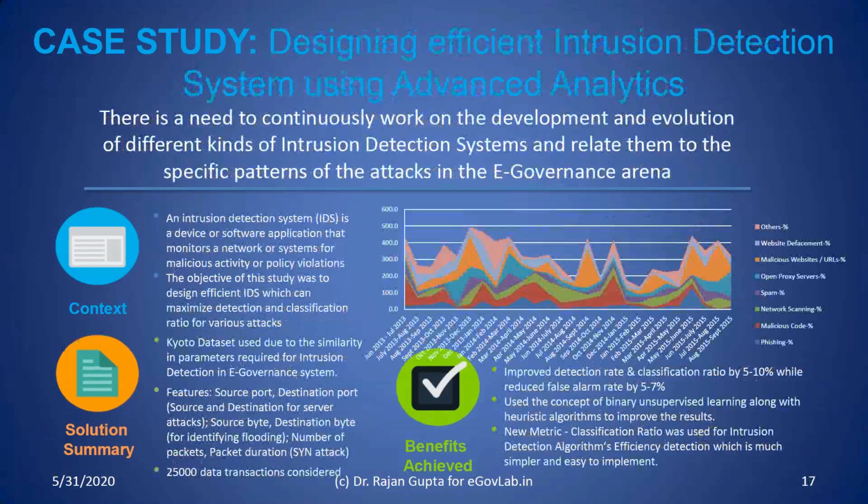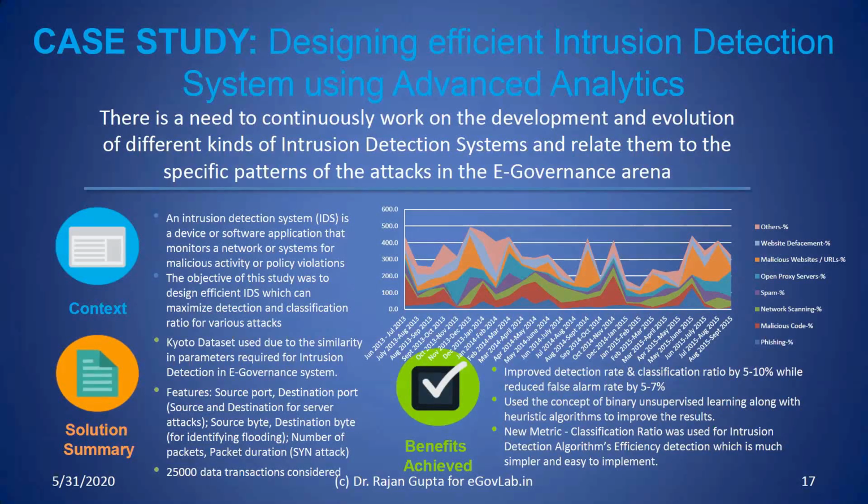Another problem that we worked upon was with respect to cybersecurity, which is again an important thing to be considered by various government departments and organizations. With the increase in cyber attacks, they need to make sure that their systems are intelligent enough to identify any kind of anomaly happening within the network.